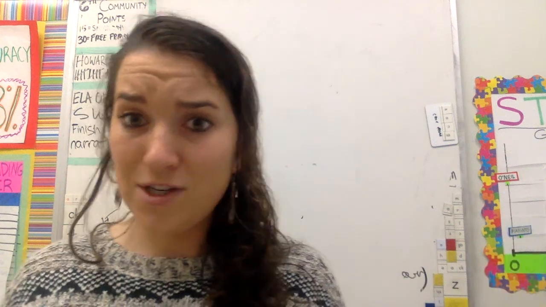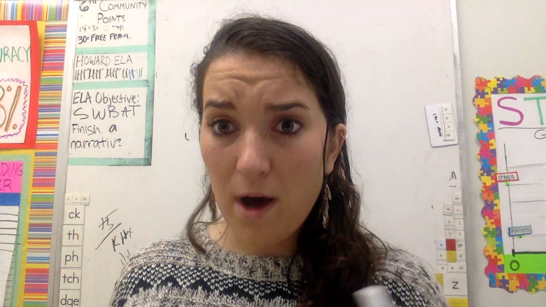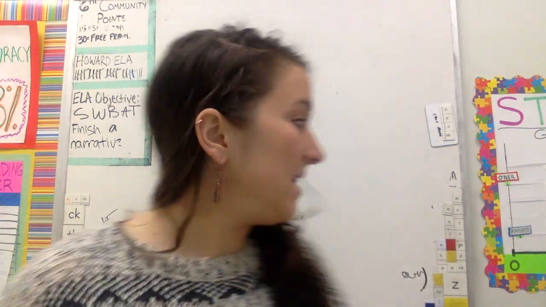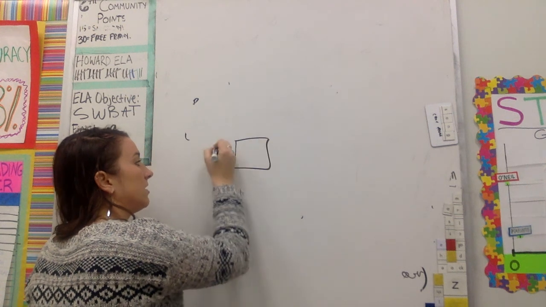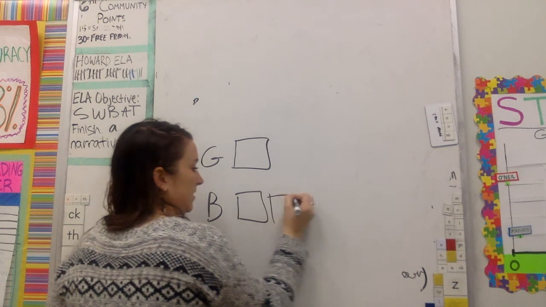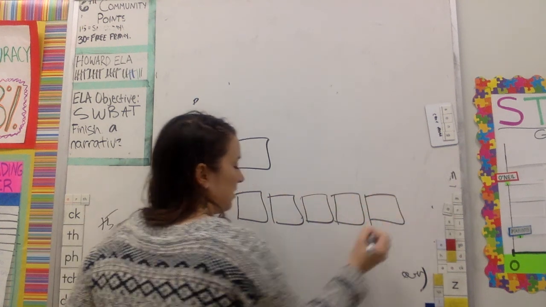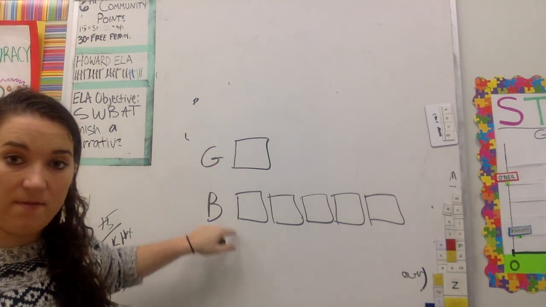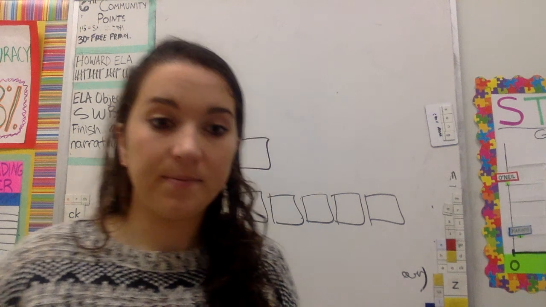Before I even continue reading the problem, I'm going to draw my tape diagram, because I know that 1/5 the number of guys means that for every 1 girl, so 1 box for girls, there are 5 boys. So the girls is 1/5. The value of the ratio is 1 to 5.